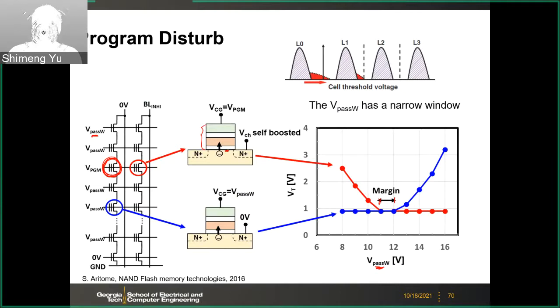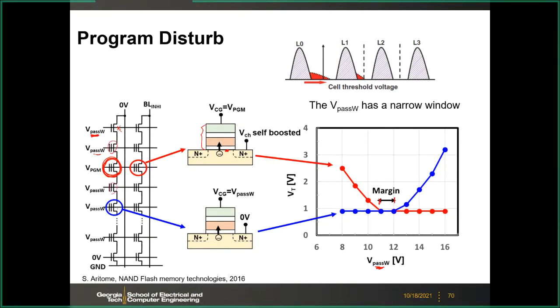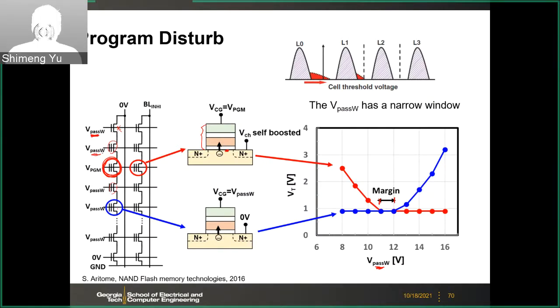If this voltage is too large, then all of those cells along the same column will, of course, this is a string select, we don't have the floating gate here, but for the other cells, all of those cells may suffer from this V pass W if it's too large.